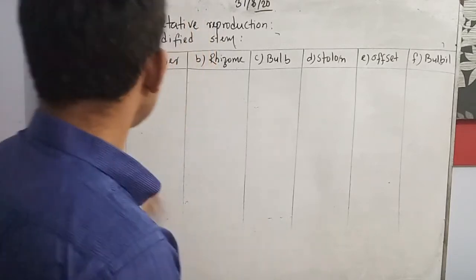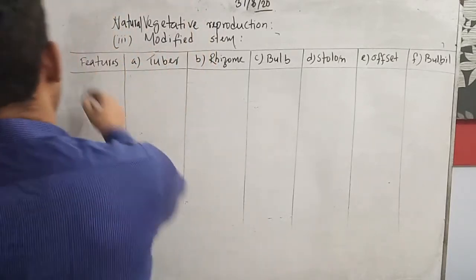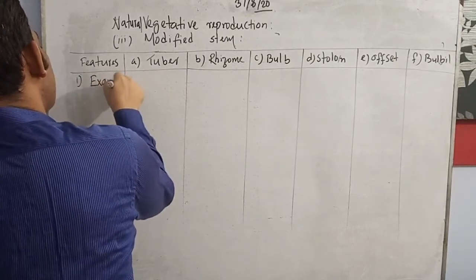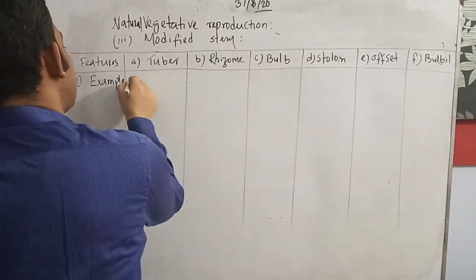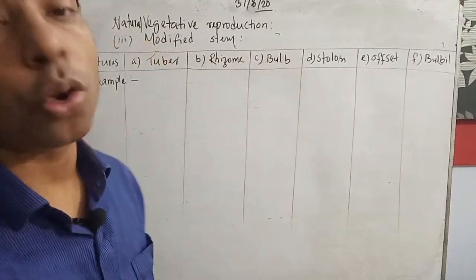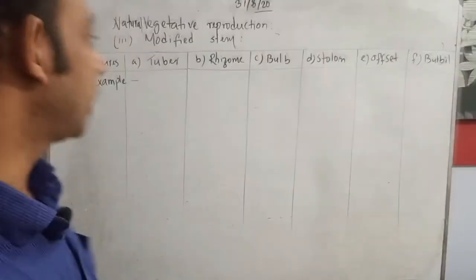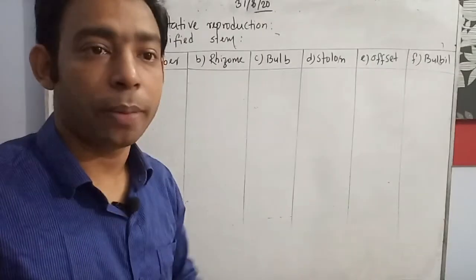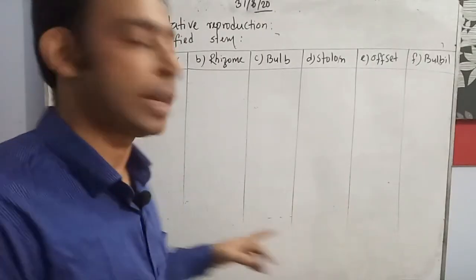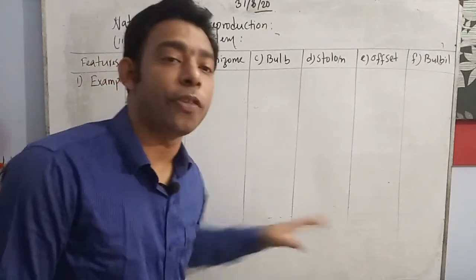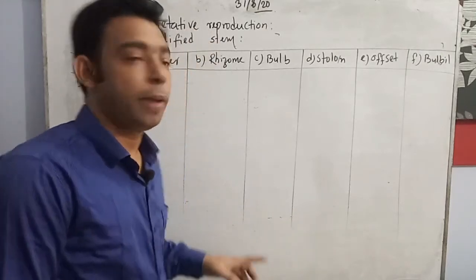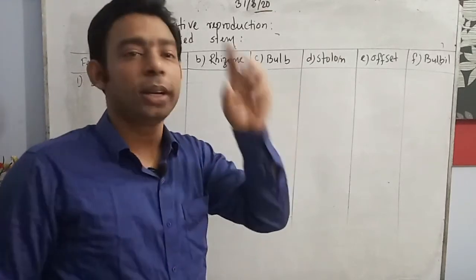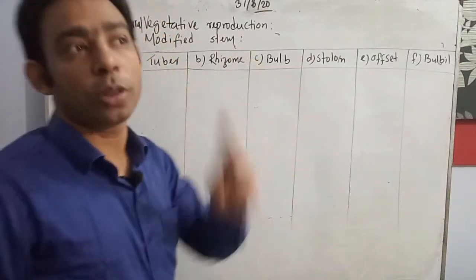Okay, features, we will try to think about the example. Sir, why do you write the example the very first time? To understand these topics, we will try by getting their example. But when in the exam it is asked, you write the example at the very last. Okay, but here you will write the example first, because when you see the example, then you can write some features on the basis of the example.